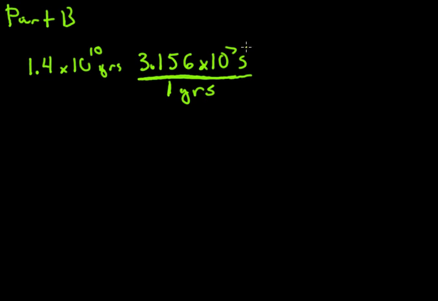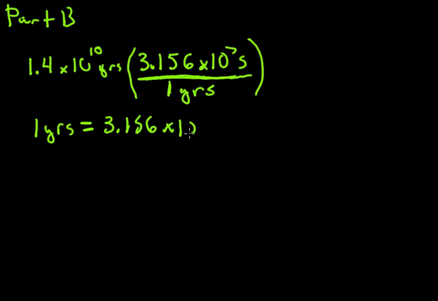So where did this come from, Jeff? Why did you make this ratio? What the textbook is saying is 1 year equals 3.156 times 10 to the 7th seconds.